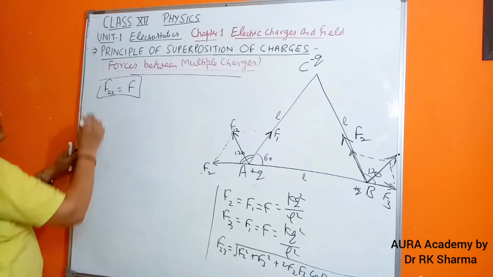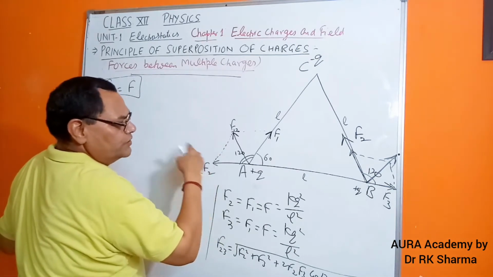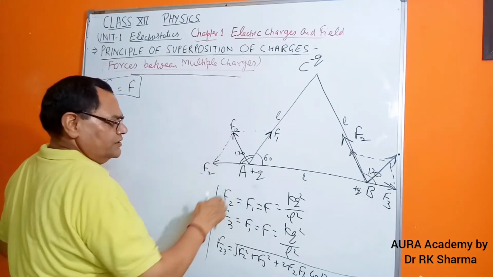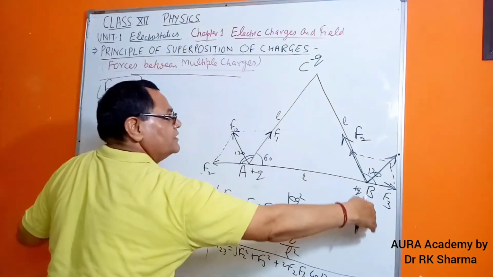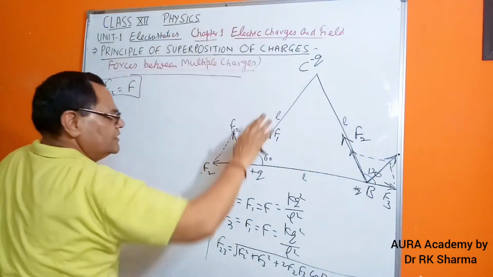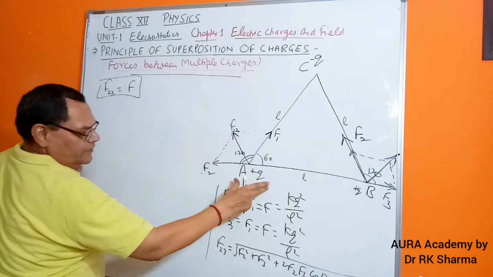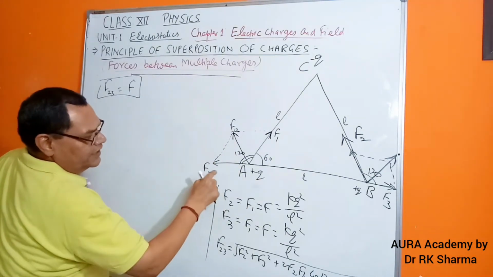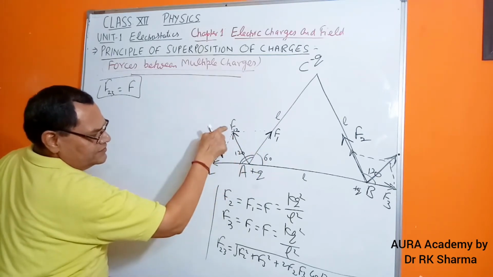Alright, so this way. Now even though we got this F12 is equal to F, what should be the direction? Because it is acting this way, indirectly you can say, sir, it is parallel to this BC. So when we calculate this force, F12 we got as this in this direction.